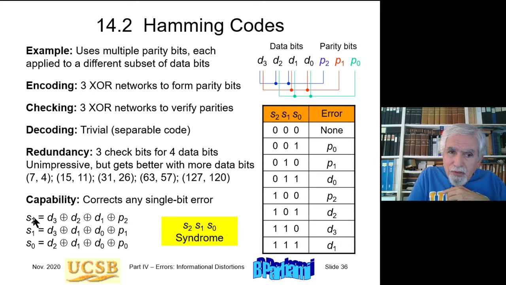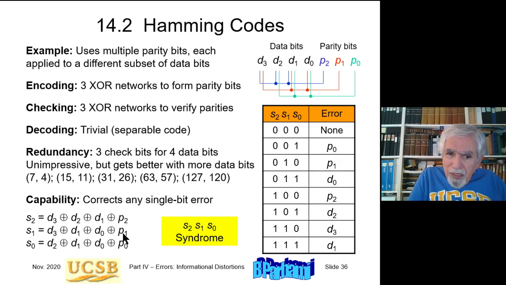So 1, 0, 0 is the syndrome, and that means P2 is the erroneous bit, and you can go and correct it. Why is that? Because if this parity check fails, it means some bit in this expression is in error. Now D3 cannot be in error because D3 also appears here. So if it were in error, this one should have failed as well. D2 cannot be in error because D2 also appears here. D1 cannot be in error because it also appears here.